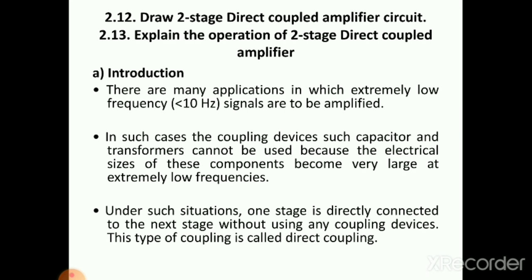If you see the formula for the capacitor with its physical dimensions, C is equal to epsilon A by W, right? In such equations, if you substitute low frequencies, the capacitance size will become very enormous, meaning very large, and the same will apply to the transformer also.